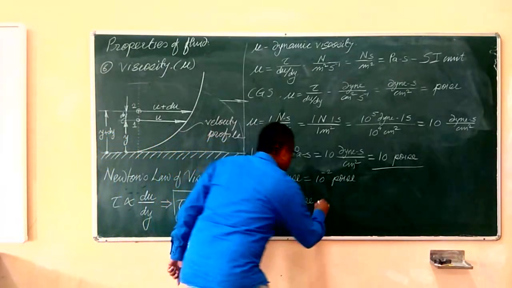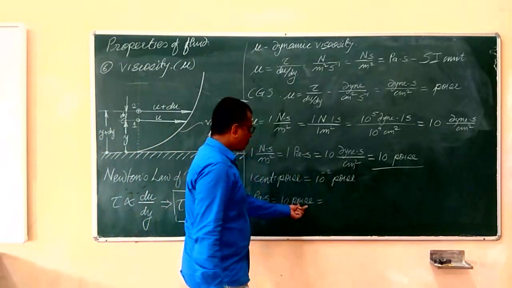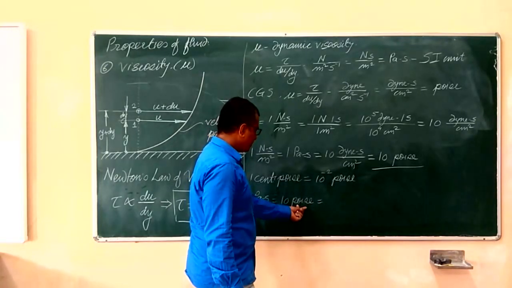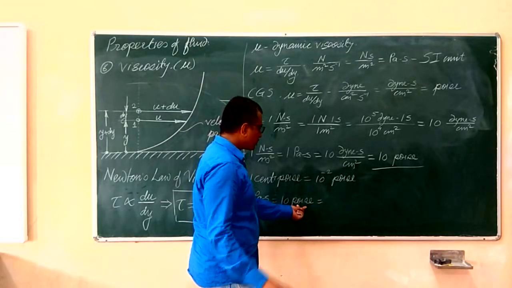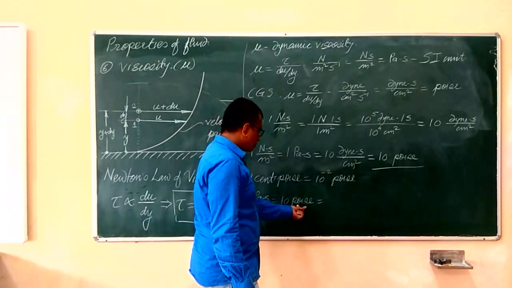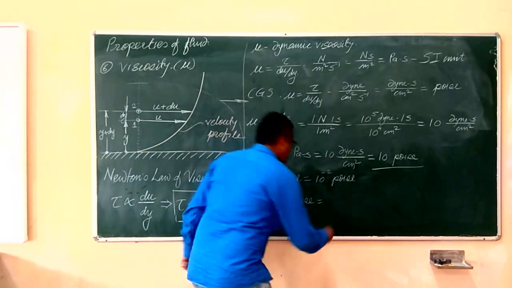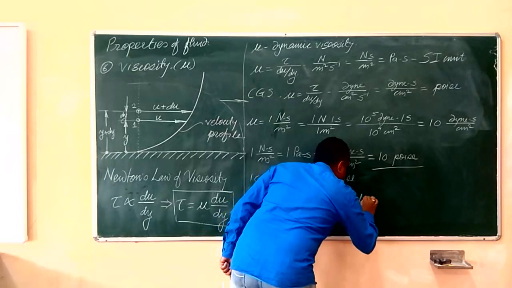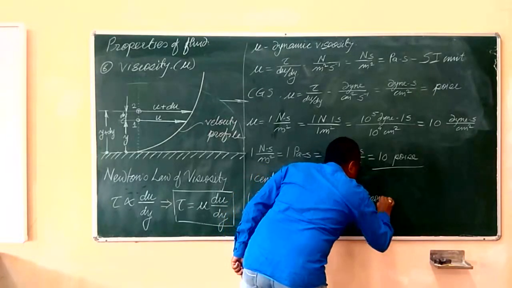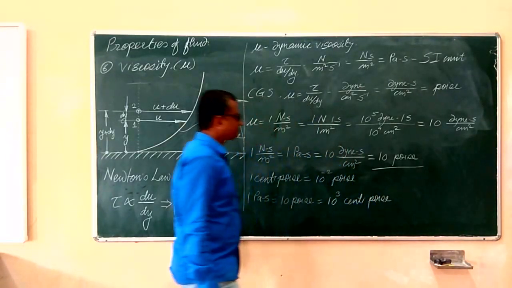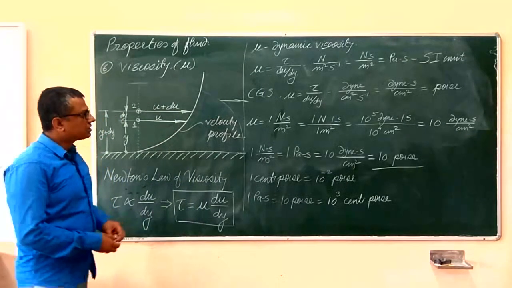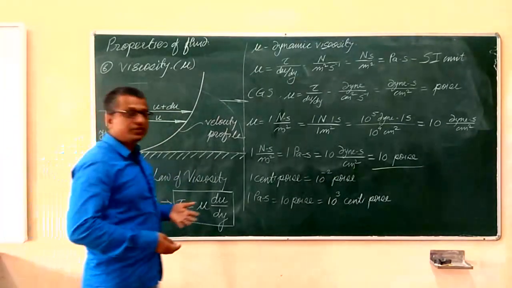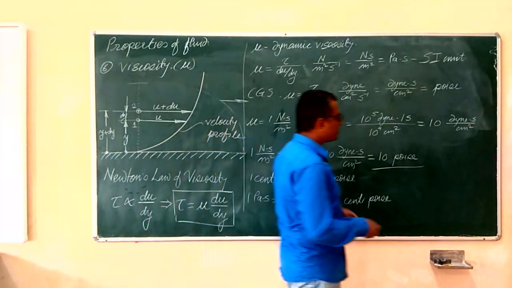And if I convert Poise into centipoise, 1 Poise is equal to 10 to the power 2 centipoise. So 10 to the power 2 into 10 will be 1000, that is 10 to the power 3 centipoise. So centipoise is the practical unit used for the measurement of dynamic viscosity.